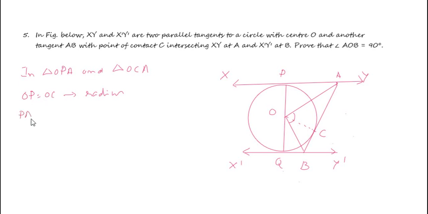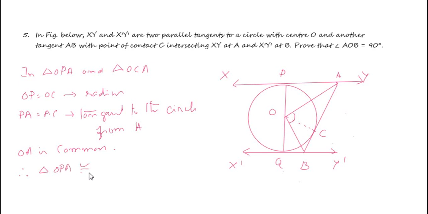PA equals AC, tangents to the circle from A. If you draw two tangents to a circle from an external point, those two tangents are equal. PA equals AC. OA is common. Therefore, triangle OPA is congruent with triangle OCA.